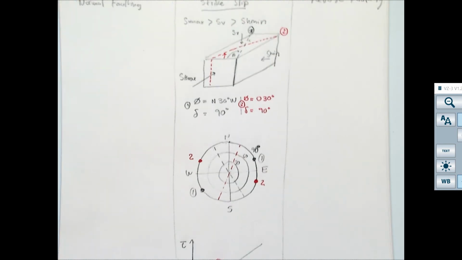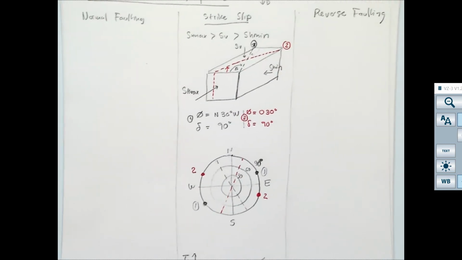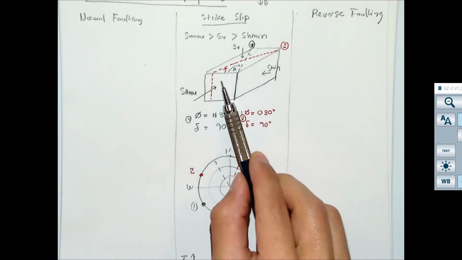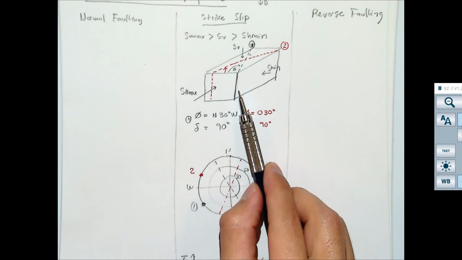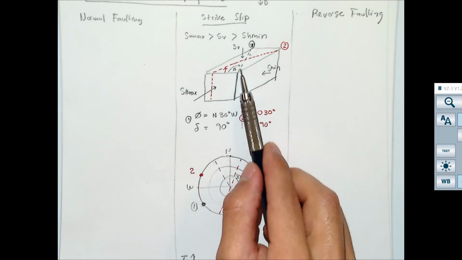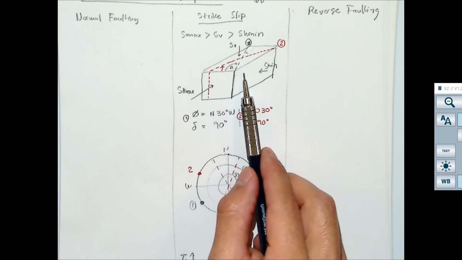So we did already one case with strike slip, and we found an ideal orientation of the shear fractures in strike slip. And remember that here the dip is just 90 degrees. It does not depend on the friction angle, but the strike of these shear fractures does depend on the friction angle.